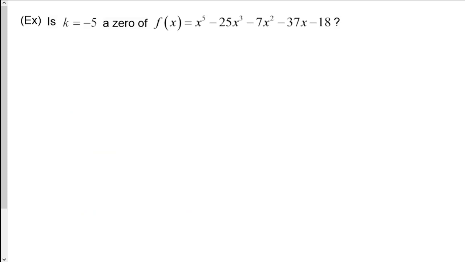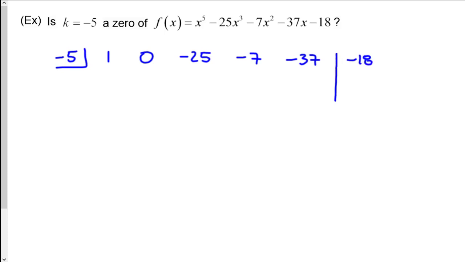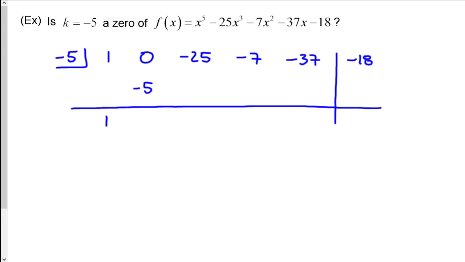Okay, is k equals negative 5 a 0 of this polynomial? So let's find out. So put the negative 5 off to the side, and 1 times x to the 5th, 0 times x to the 4th, minus 25x cubed, minus 7x squared, 37x, and negative 18. Now, bring the 1 down. 1 times negative 5 is negative 5.